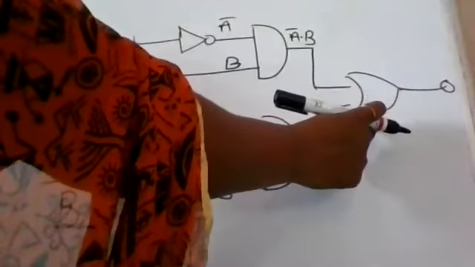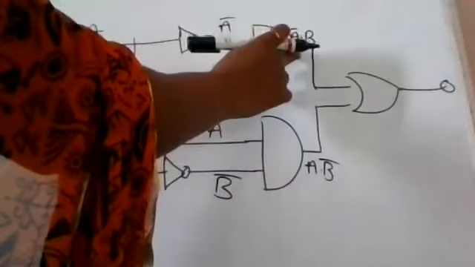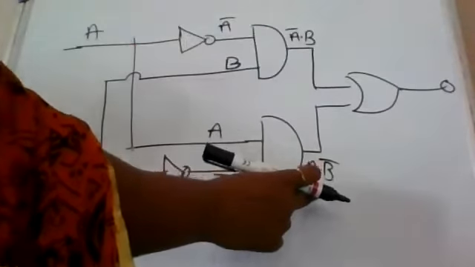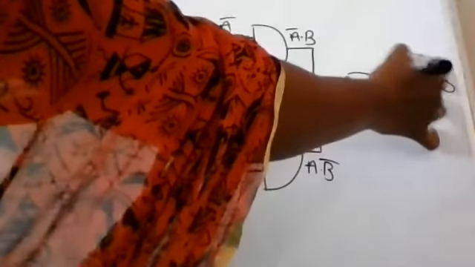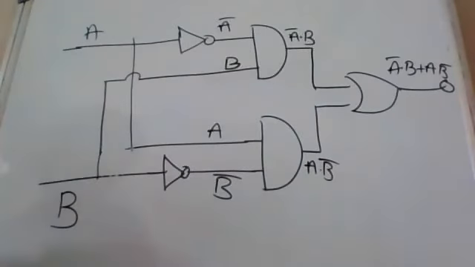This is OR gate. So what is the OR gate output? A plus B. Here one input is A complement dot B. Another input is A dot B complement. What is the output? A complement dot B plus A dot B complement. This is the output of exclusive OR gate.